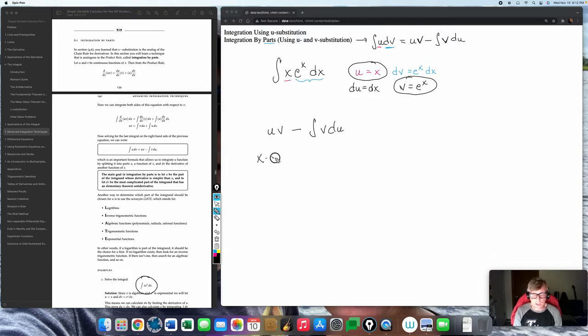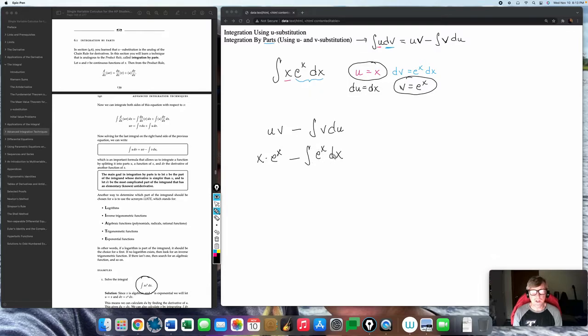It was e to the x, minus the integral of v, which is e to the x, times du, which is dx. Now I'm hoping that at this point you can see why I said what I said earlier. This harder integral has now been traded out for an easier one.